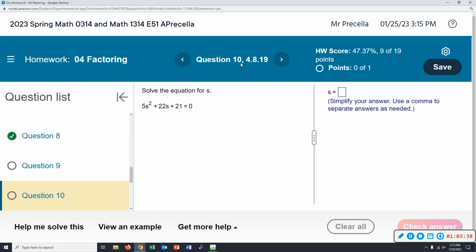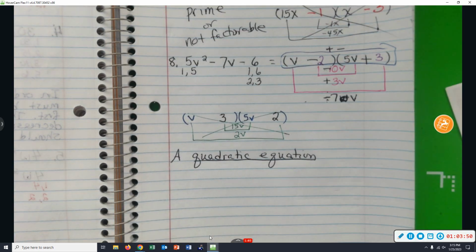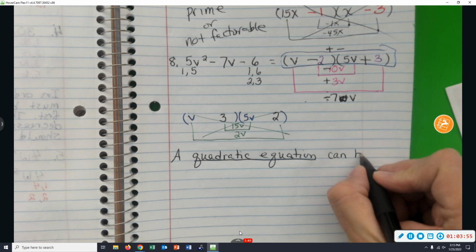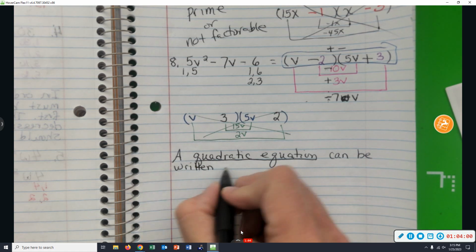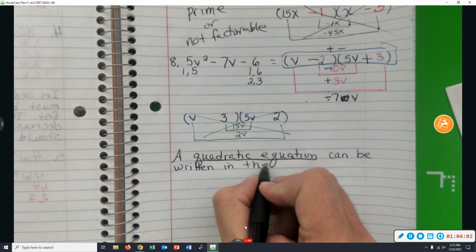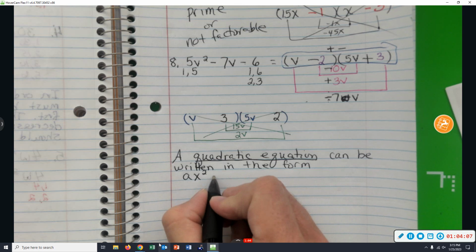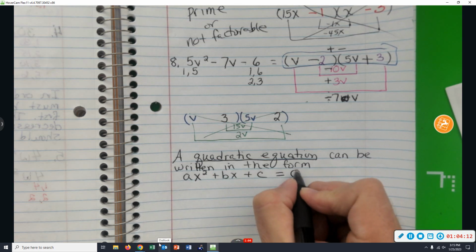Like number 10. It says solve the equation for S. Let me write my definition. A quadratic equation has a square in it. I'm going to say can be written in the form ax squared plus bx plus c equals 0.